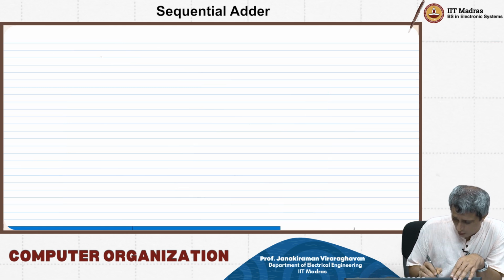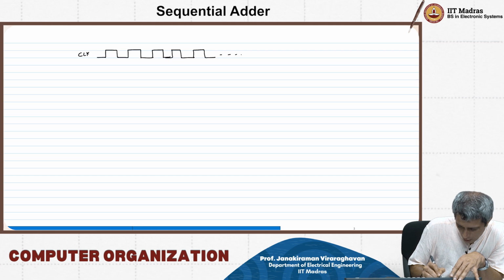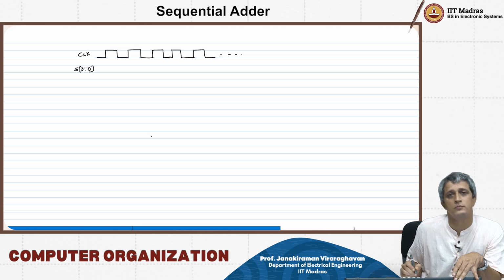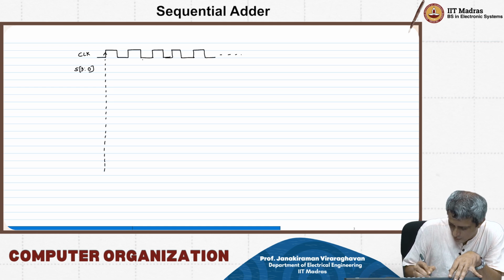Of course, in order to understand the working of this, you need to go through the sequential state diagram and all that. So I'll just draw a couple of cycles: clock, and this is my select line 3 down to 0, right?